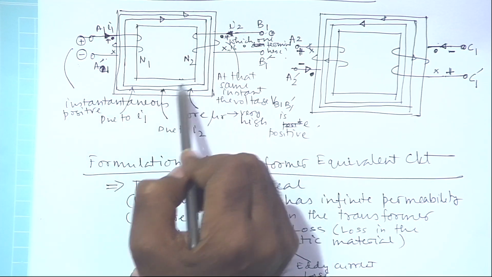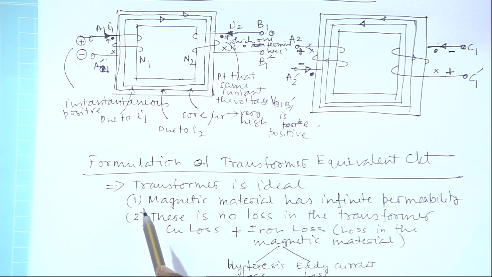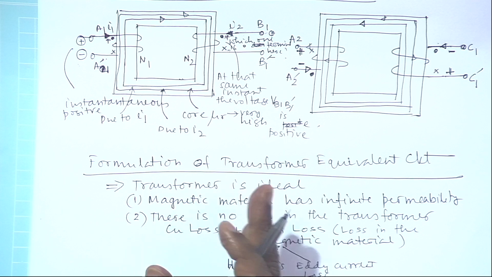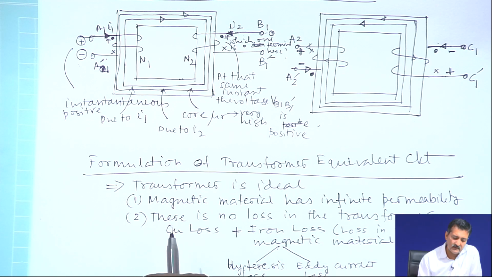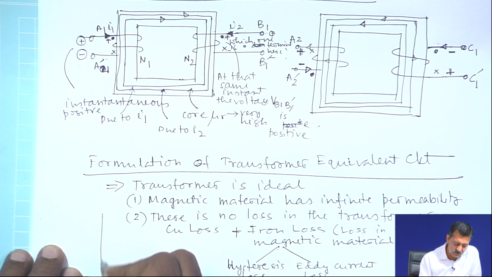But with sinusoidal excitation, an interesting thing happens in the magnetic material. Magnetic material has a hysteretic property, in which the flux path does not follow the identical path while increasing compared to the path when it is decreasing. So, flux increases and decreases through different paths.